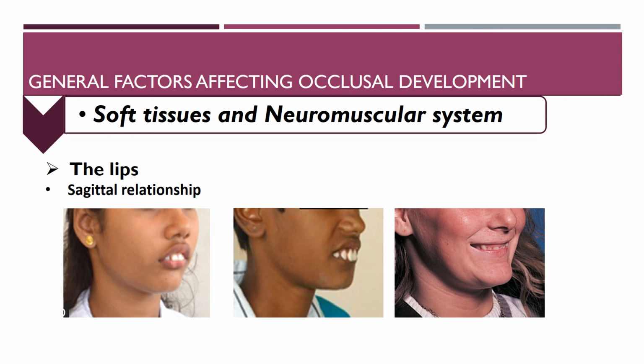For example, the lower lip tends to be further back in class 2 and further forward in class 3, which increases the difficulty of putting the lips together and may cause the lower lip to modify the eruptive path of the incisors. In skeletal class 2, the lower lip may function completely or partially behind the upper incisors.